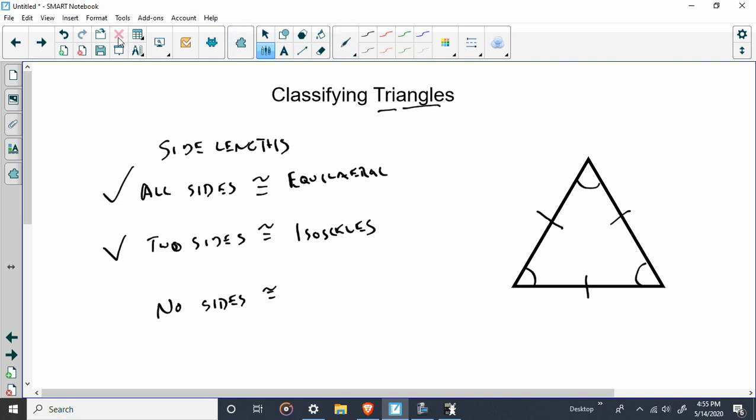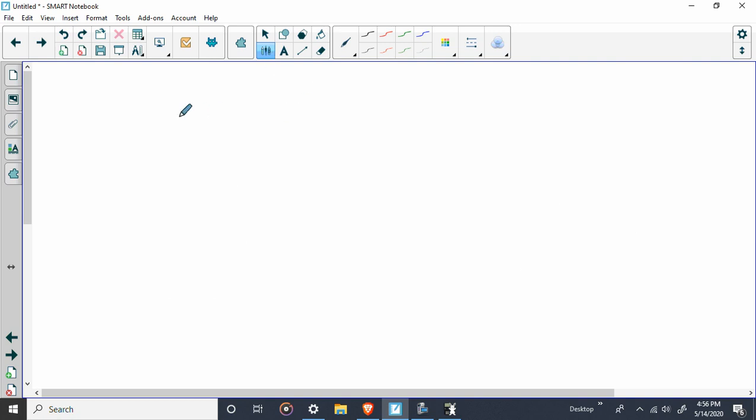Now, isosceles triangles come in lots of different shapes and sizes. Now, I have to spell isosceles again, really? Isosceles. I gave up. Isosceles. Okay, and that's two sides are the same.